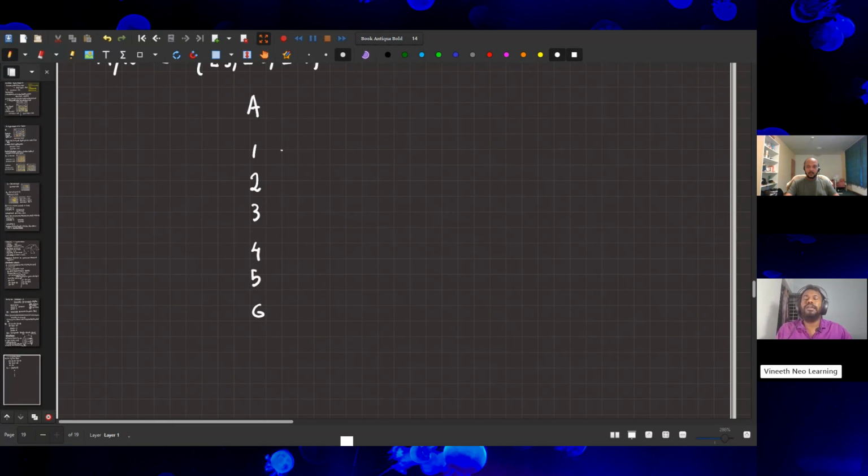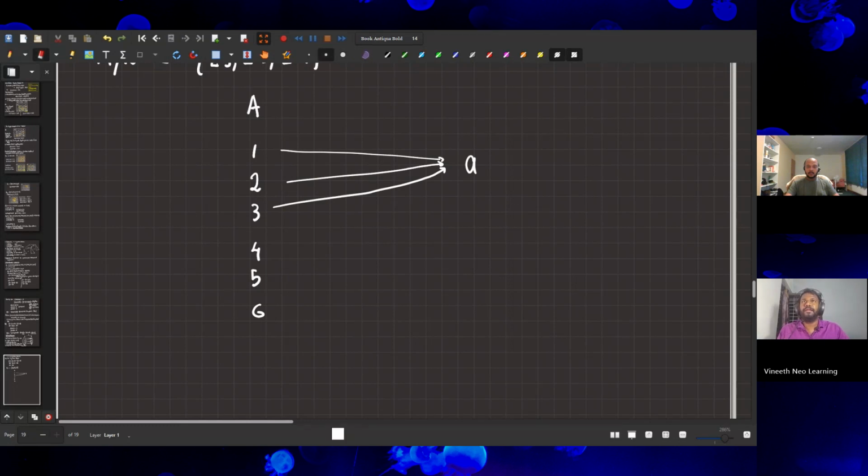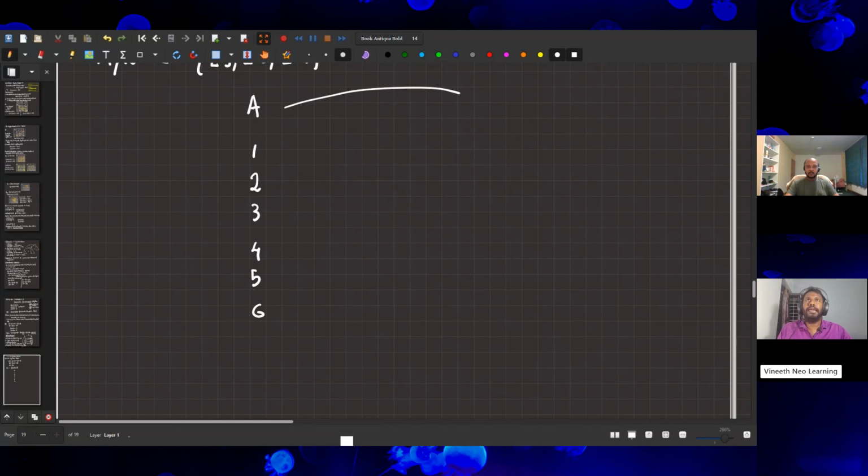And we know that 1, 2, 3 are all mapped to the same element. So before making this map from A to B, I'm first making a map from A to A mod this equivalence relation, this quotient. This map is called the quotient map.